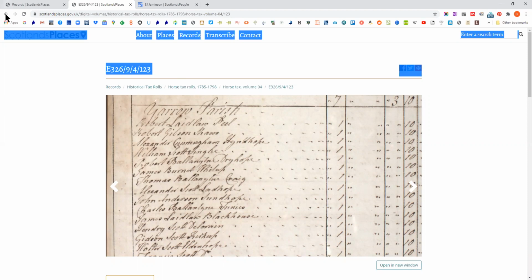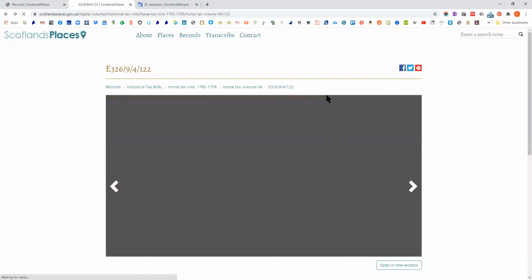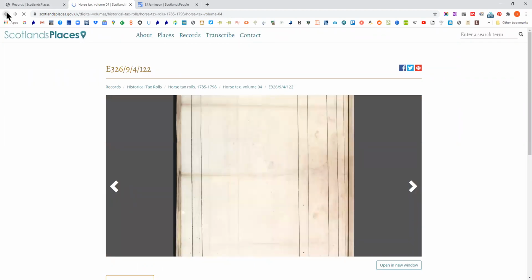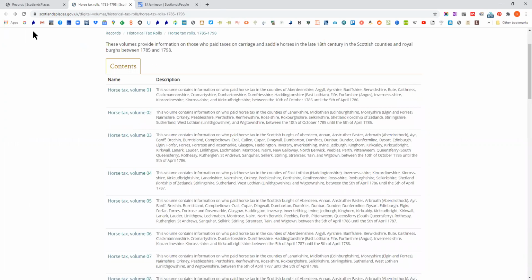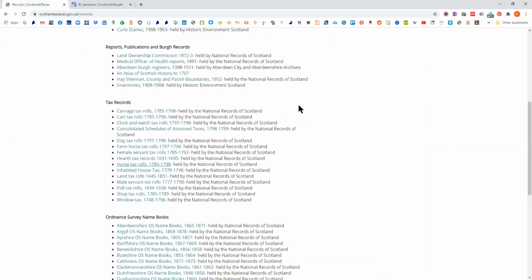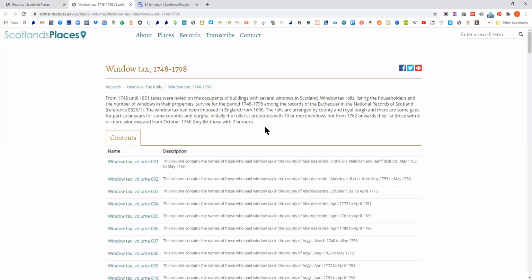Some of these, if we go further back, for example, the window tax is going to catch a fair number more people than the horse tax.